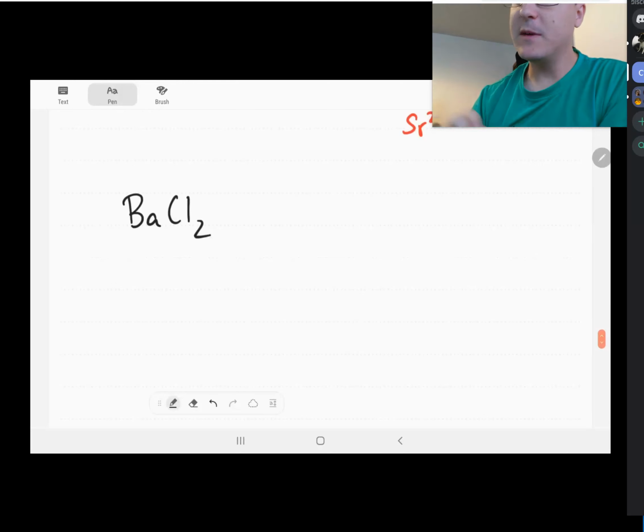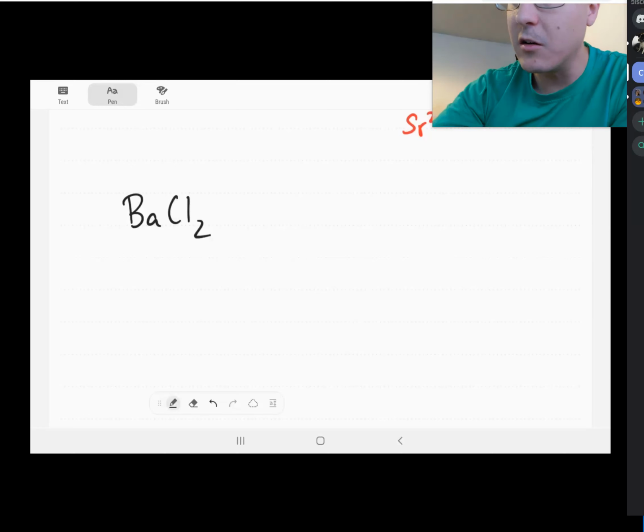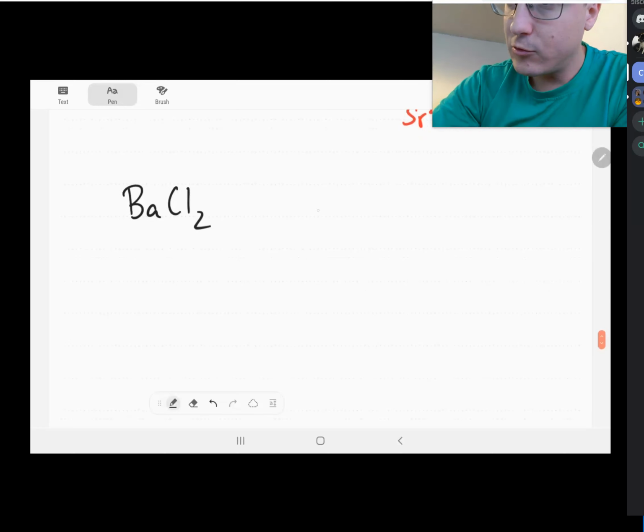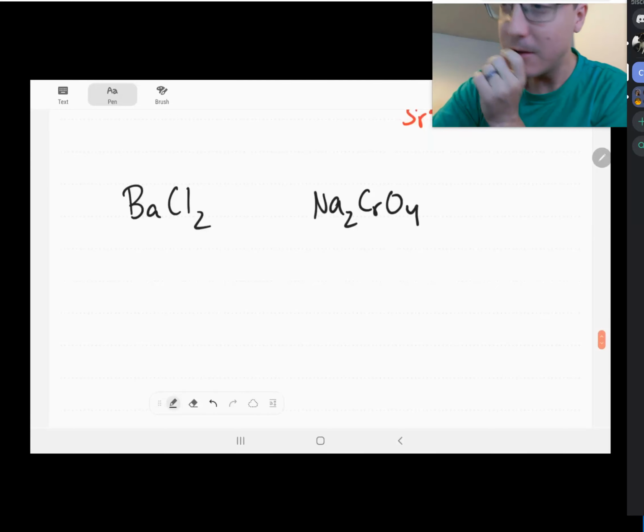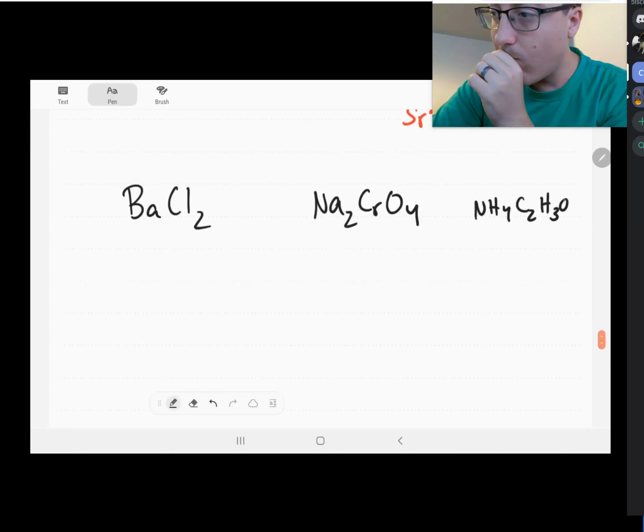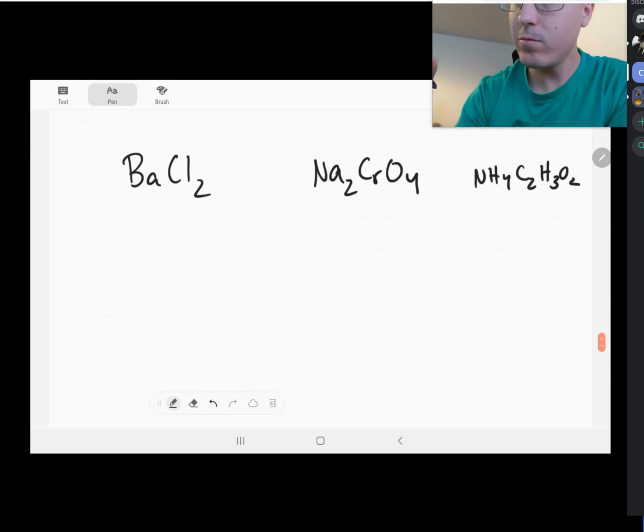I want you to tell me if these compounds you'd expect to be soluble or insoluble in water. And go ahead and name them too, because don't forget naming's important.